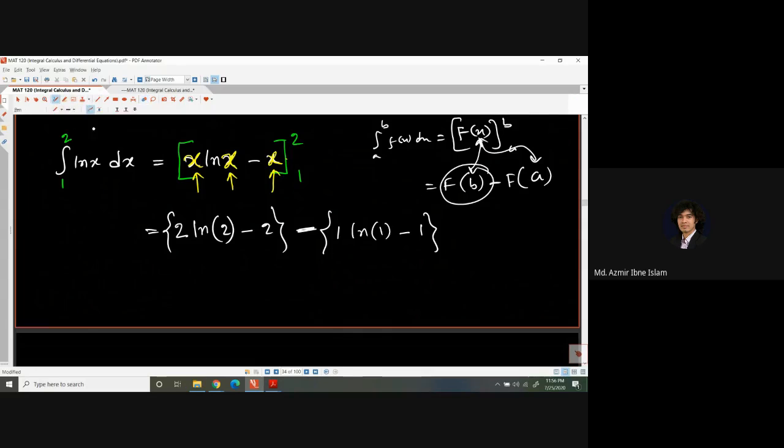So let's try to evaluate the value. We are getting 2 natural log of 2, negative 2, negative, natural log of 1 minus 1. We know that natural log of 1 is actually 0. So we have negative 1 here.